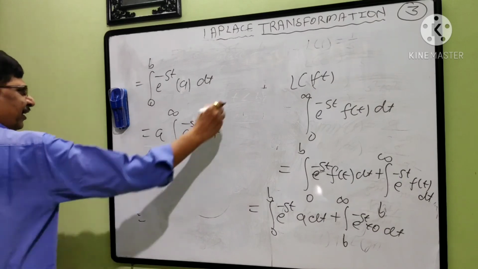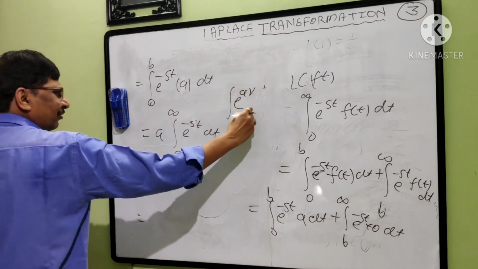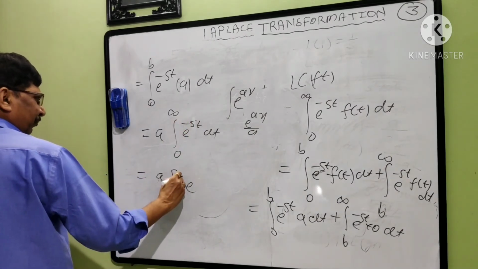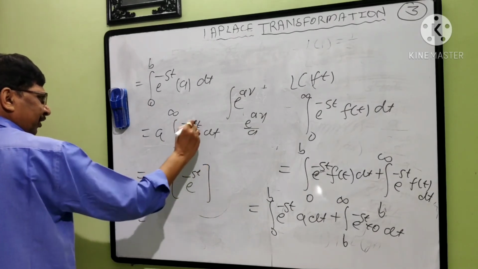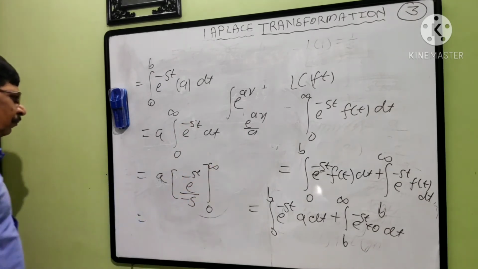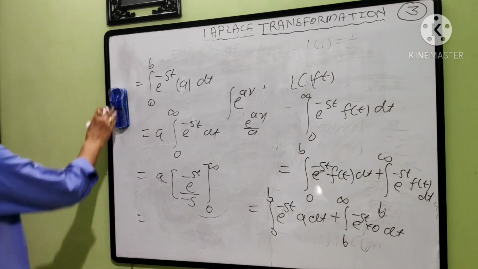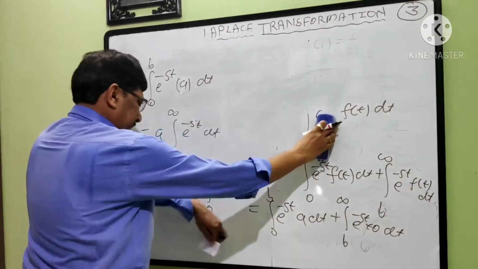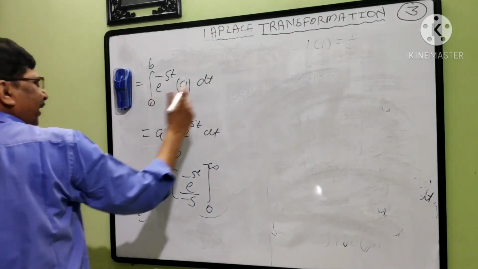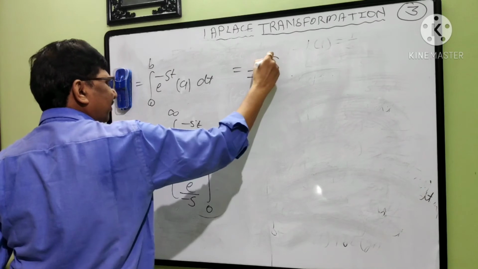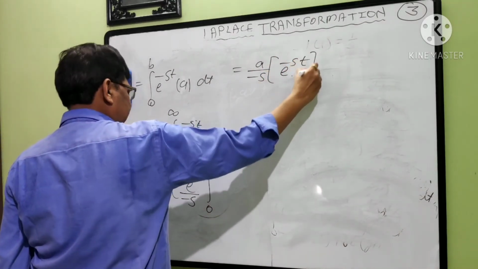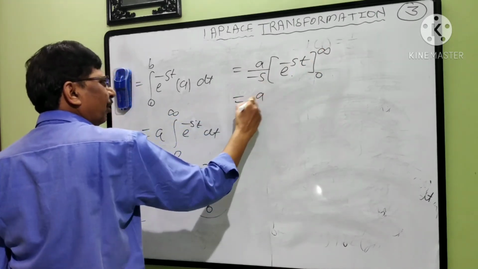Now integration of e raised to x is e raised to x upon the coefficient of x. Here, e raised to minus st upon the coefficient of t, that is minus s, with limits 0 to infinity. Taking a upon minus s outside, we have e raised to minus st with limits.